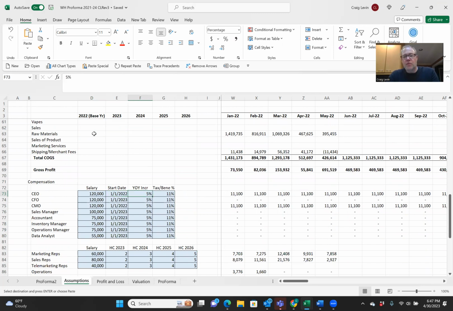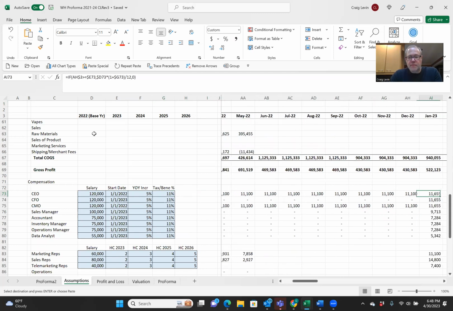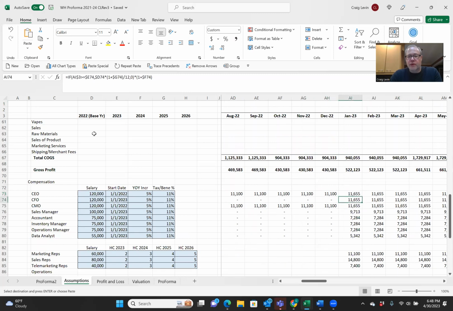So a big part of planning your business is figuring out when to start new employees. And with a pro forma projection like this, we are projecting a start date, a year over year merit increase, and a tax and benefits load. And you can see in the future at this point, which is January of 23, this is starting to kick in.